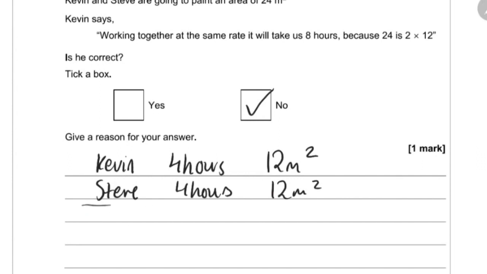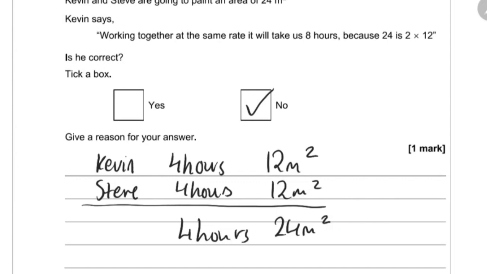So they can cover 24 meters squared, both working at the same time for 4 hours. So they don't need to spend 8 hours because if they're both working at the same rate Kevin was working before, then they'll both do 12 meters squared in 4 hours. So the time is the same, but the area is doubled to 24.